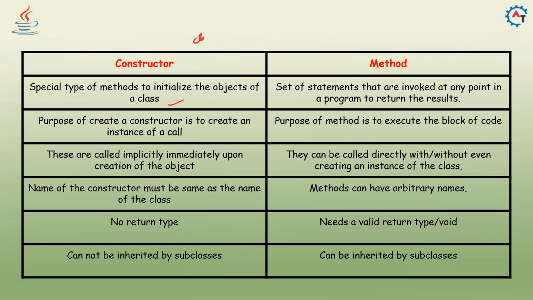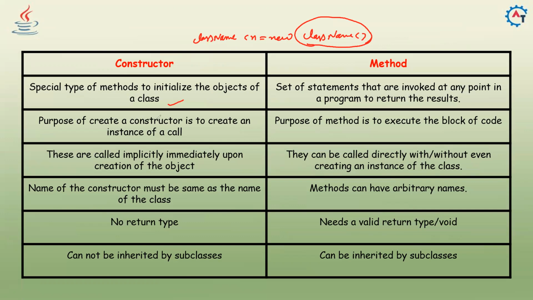If you say class name cn is equal to new class name, you are creating an instance of the class, and this is the constructor. Coming to the method, it is a set of statements that are invoked at any point in a program to return results. You can create any number of methods, any type of methods, whenever you want.